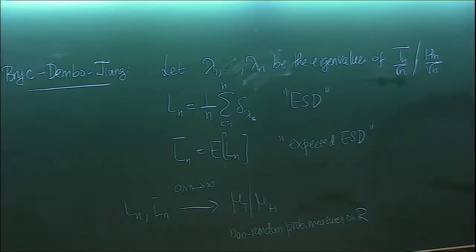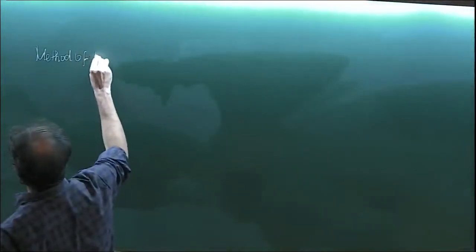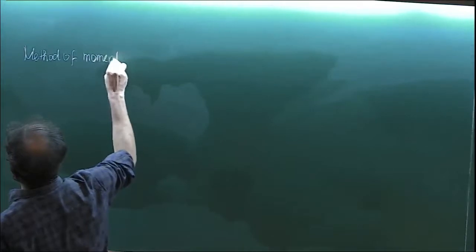But how did they do it? It's a well-known technique in random matrix theory, and it is very useful in probability when talking about convergence of measures. They did it by what is called the method of moments. I'll quickly tell you what that is.